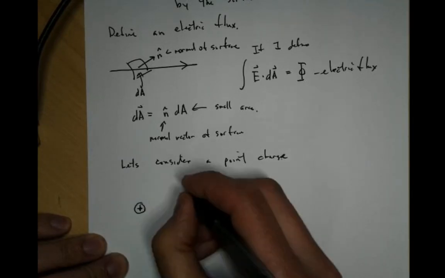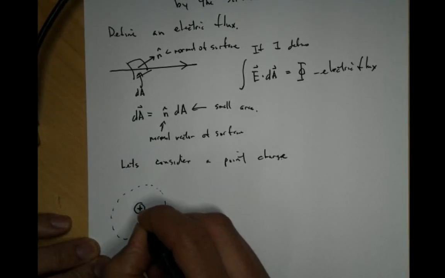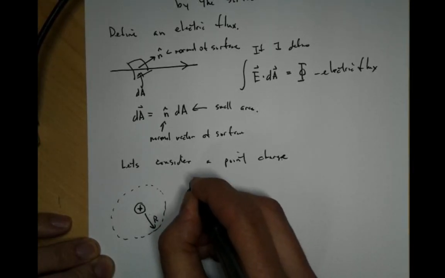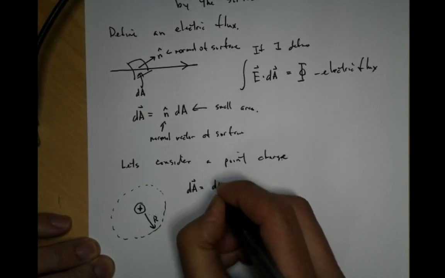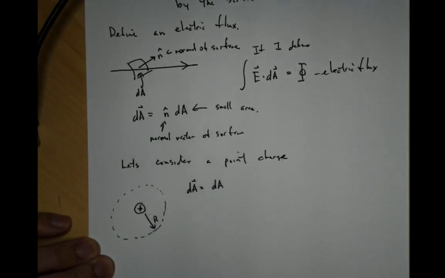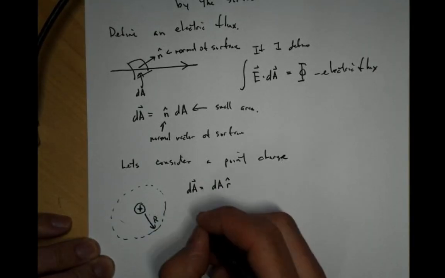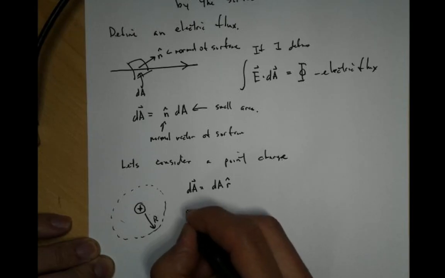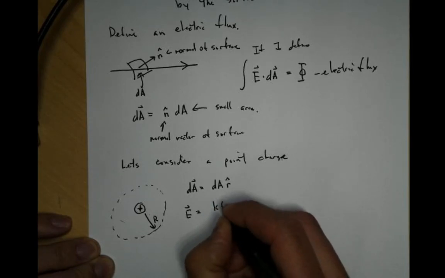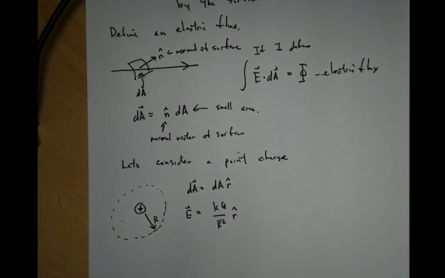If I consider some surface around it with radius r, what's dA vector? It's the area times the vector that's normal to the surface, which is just r hat, since I consider a very simple sphere around it. And the electric field, which I figured out last time, is kq over r squared, r hat.